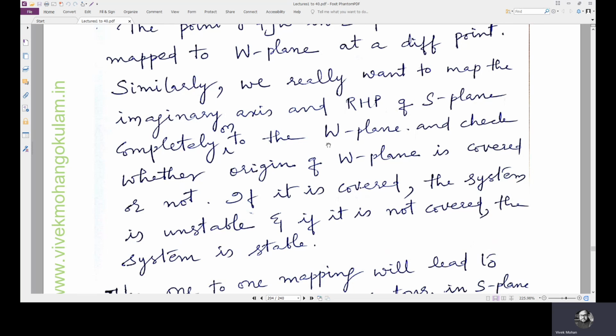Or rather, if we don't have any s value on the RHP of the s plane for which 1 plus GH equals 0, then we say that the system is stable. So here we use the concept in the converse manner. We use it conversely.